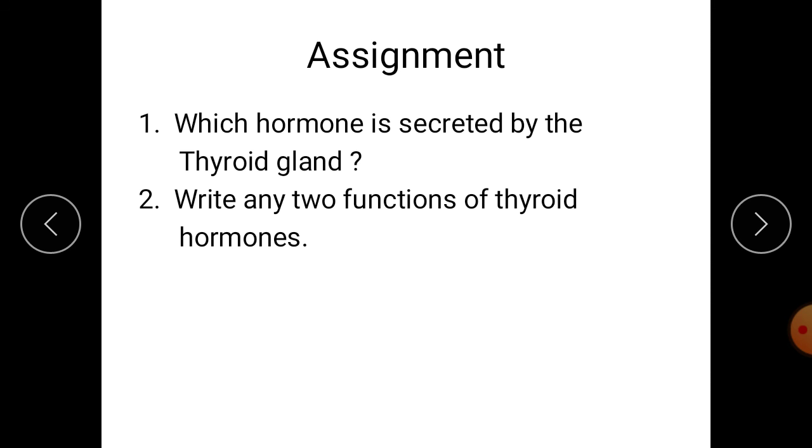The important one among these three is thyroxine, tetraiodothyronine. That's only given in this part. Therefore, you give only the thyroxine name. Second, write any two physiological functions of thyroid hormones. So these are the two questions on this topic.